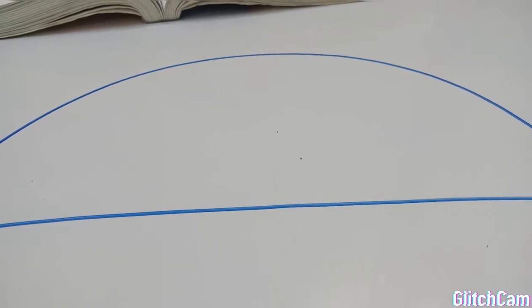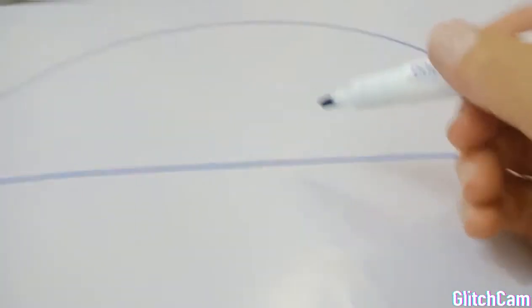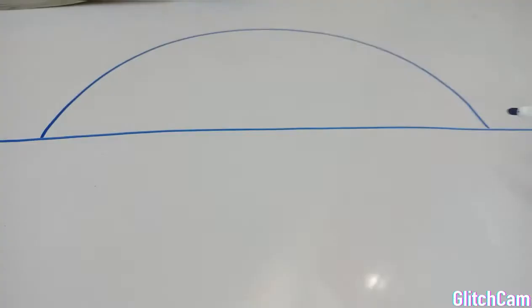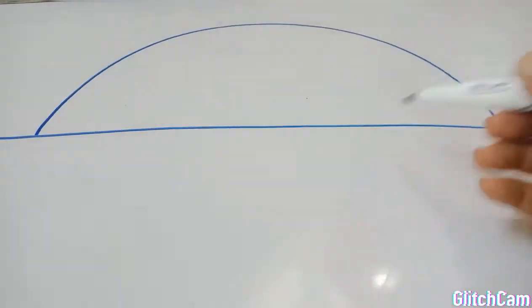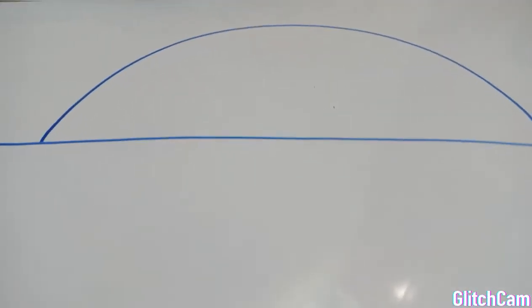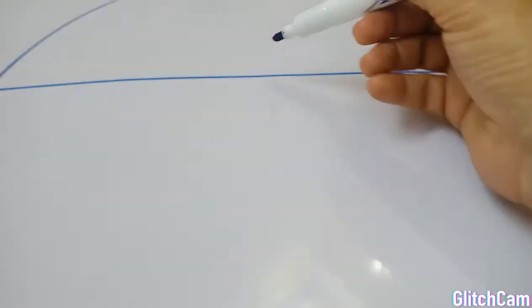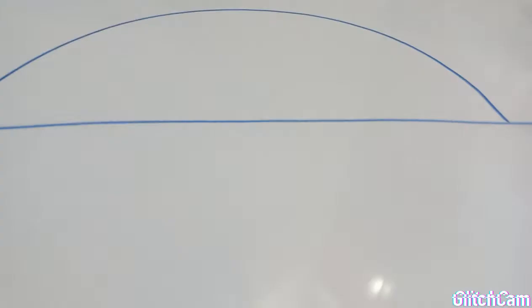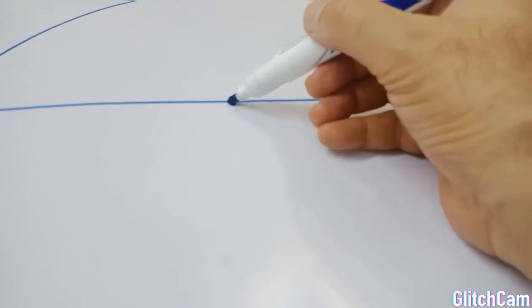in circular motion. Now suppose this is a hemisphere, and I have just drawn its cross section, and here is the center of this hemisphere.